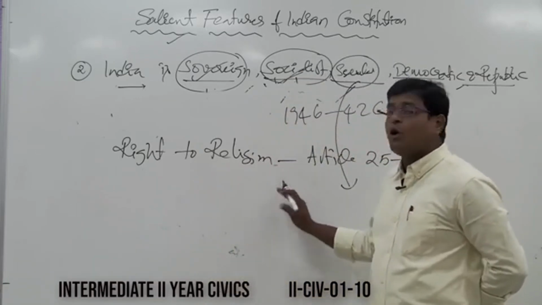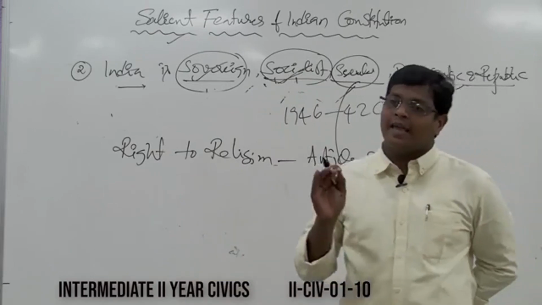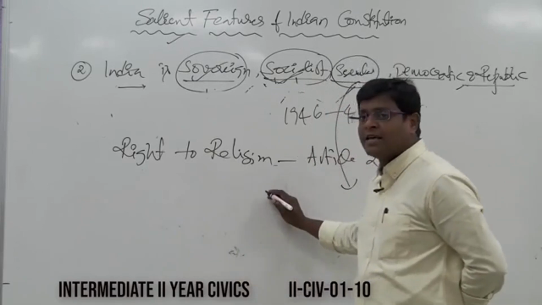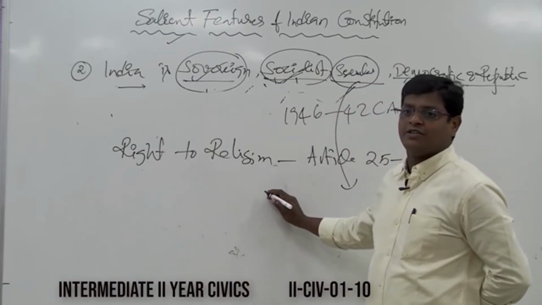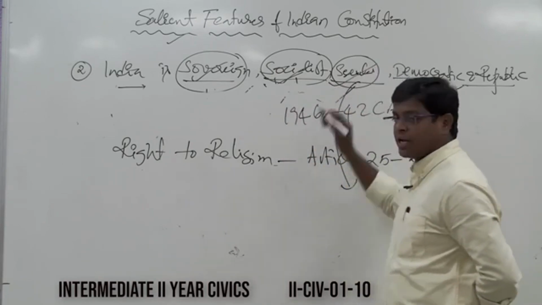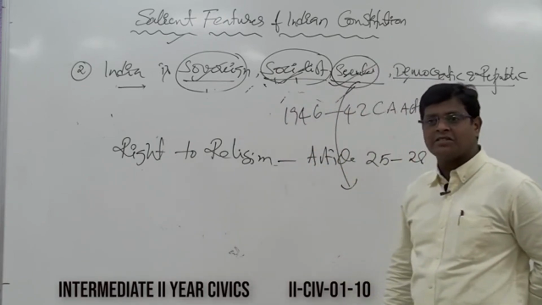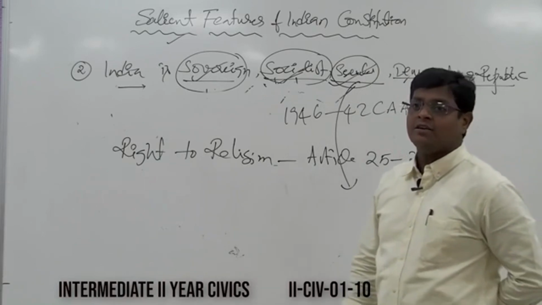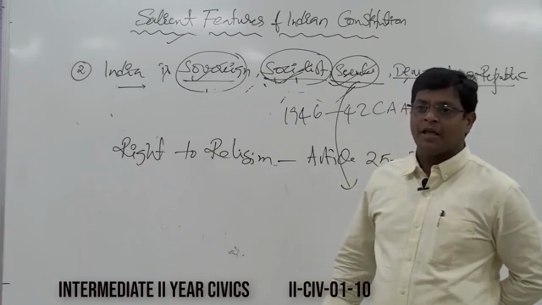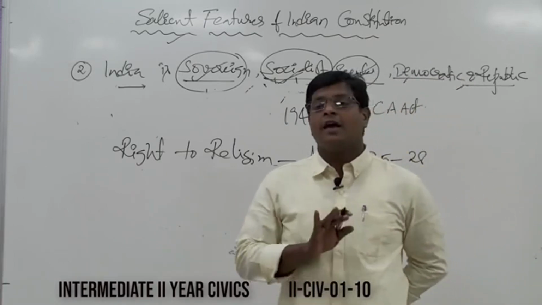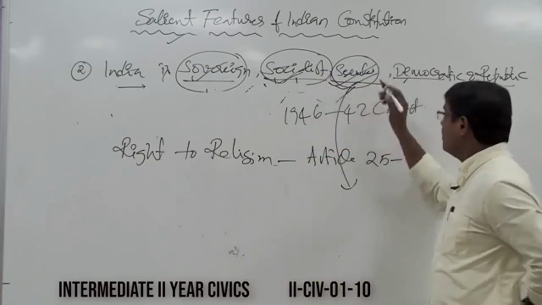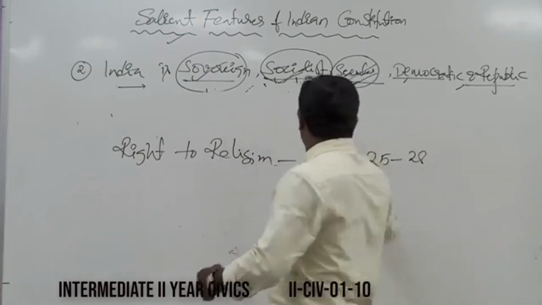At the same time, all the religions are treated in an equal manner. There are no special privileges to any particular religion. That is why India is a secular state. Is India a secular state? Yes, because there is no official religion of India and all religions are treated equally. This is called secular.